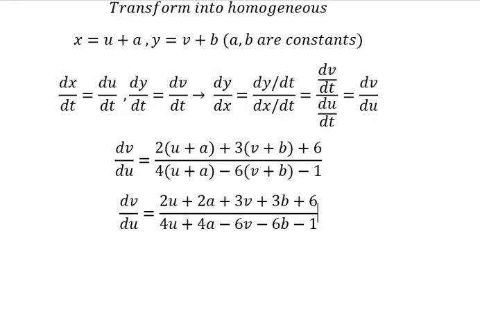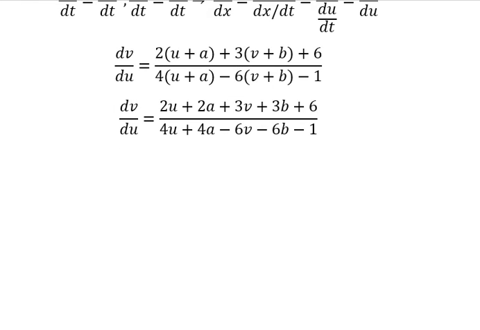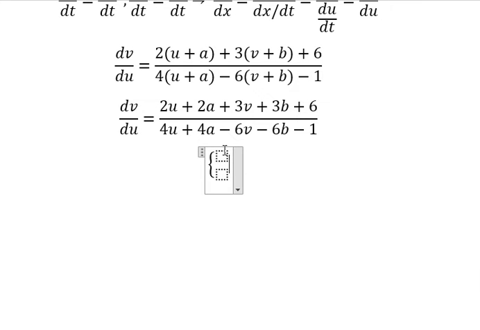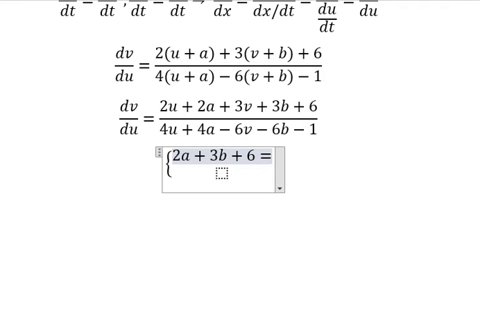So if we want to create a homogeneous, the constant should be equal to number 0, or we can create the system of equations. So we have 2a plus 3b equals negative 6, or I can put number 6 like this way.